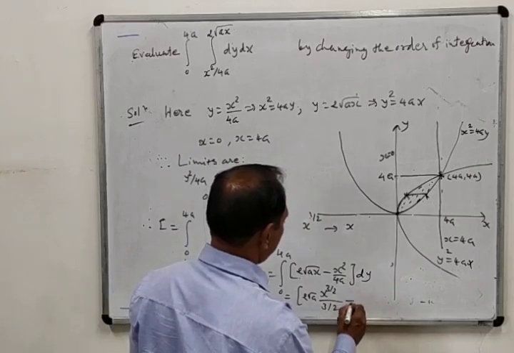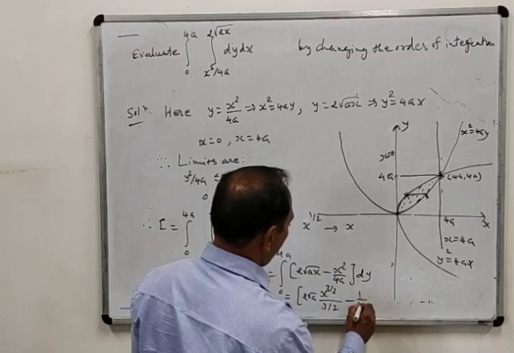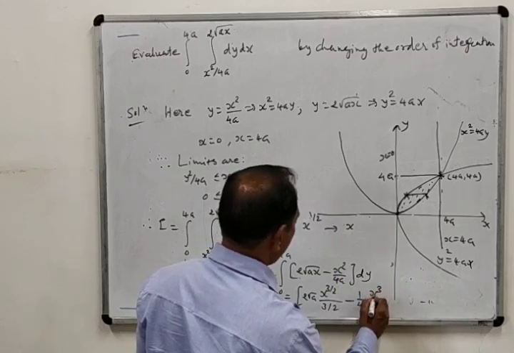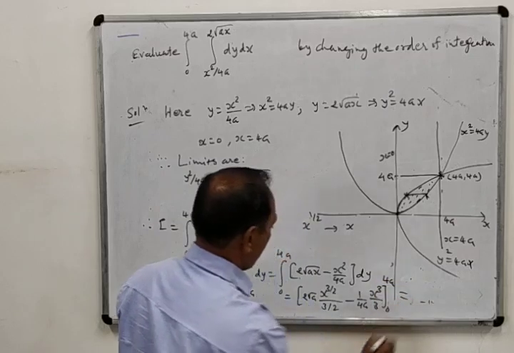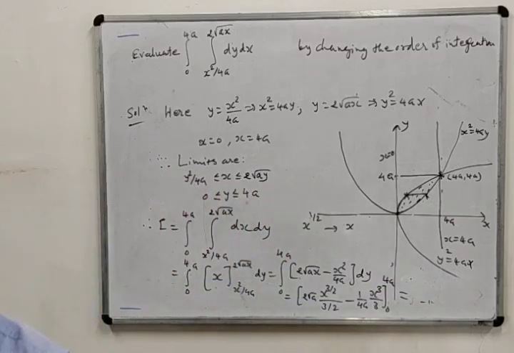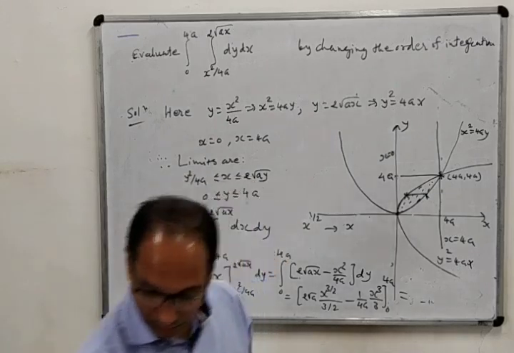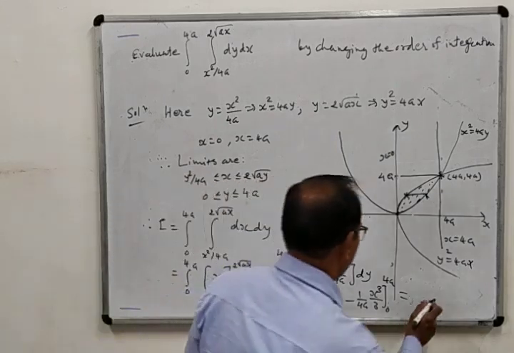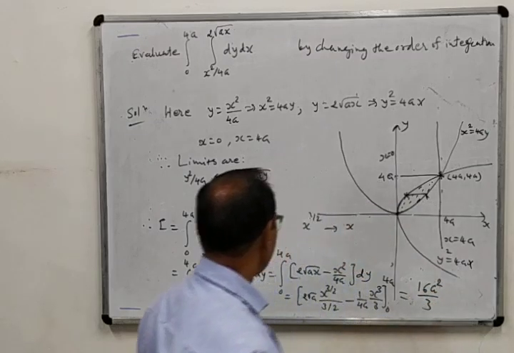So now this is the integration, 1 over 4 is constant, x cube by 3, and here the limits are from 0 to 4a, and then you can substitute the values of x. First you put x equal to 4a, then x equal to 0, and you will get the answer 16a square by 3. 16a square by 3. You will get this answer.